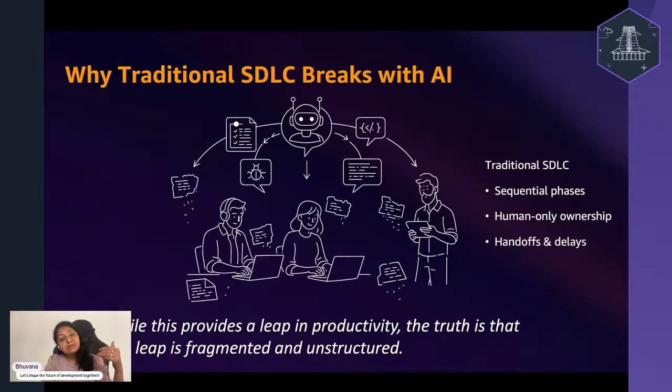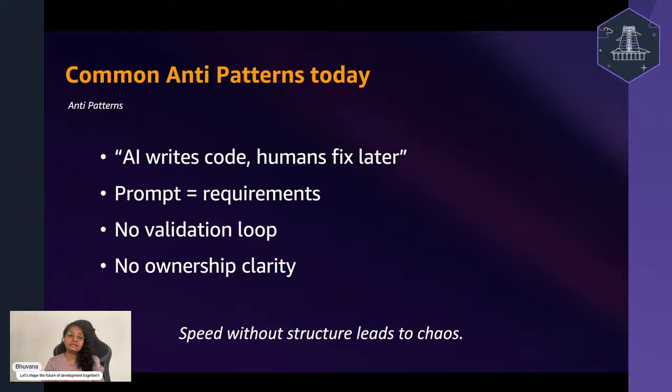So, though the traditional methodology brings a leap in productivity, if we are not using the right methodology, it is going to be fragmented changes only for testing, only for design, only for coding, not holistic. We are trying to bring in that holistic view. The common anti-patterns today: AI writes the code, and of course, you're the human who fixes it later. A prompt is not the requirement.